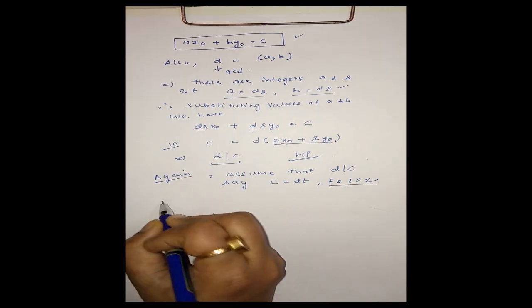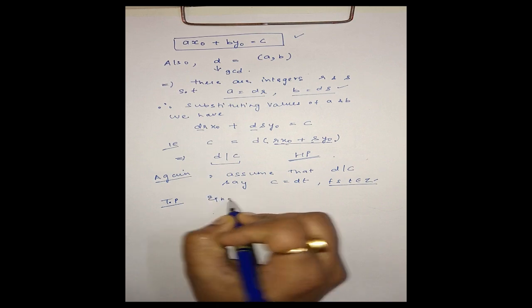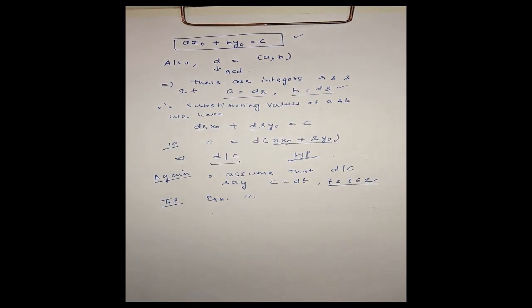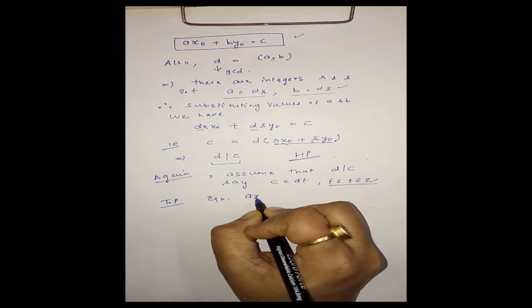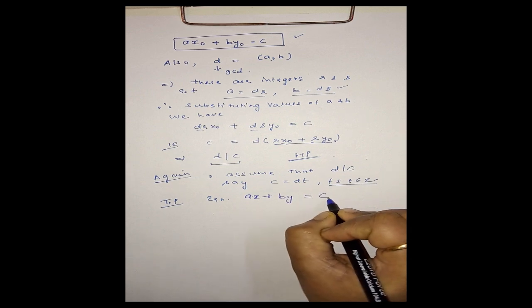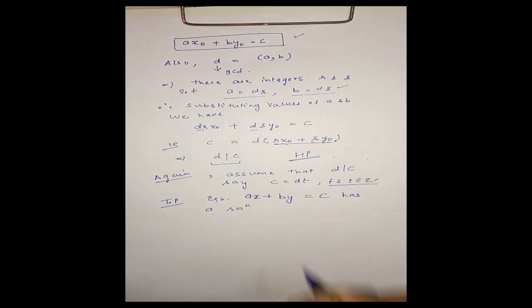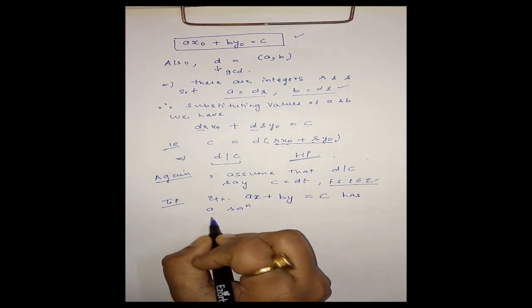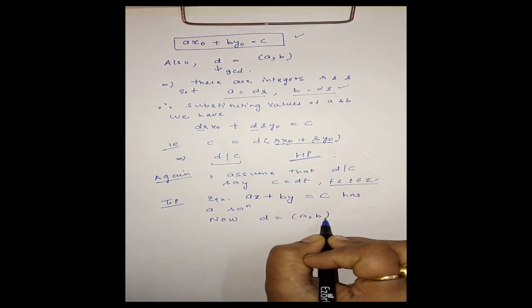Now we are going to prove the equation ax plus by is equal to c has a solution. Now d is a GCD of a and b.